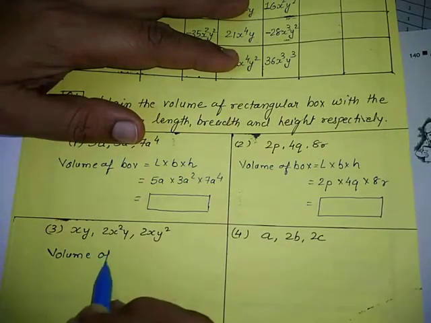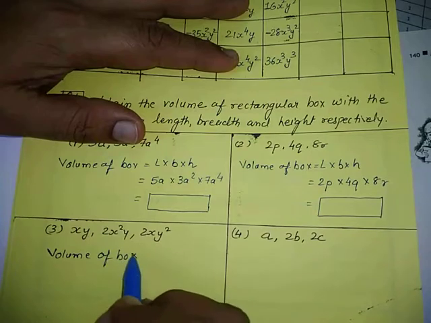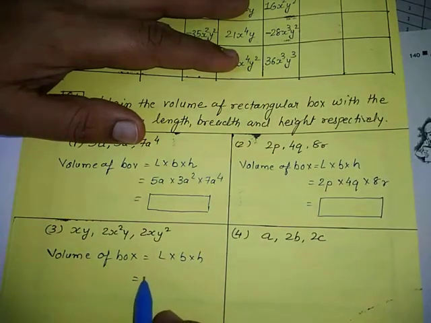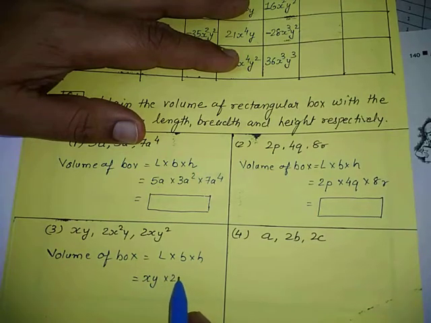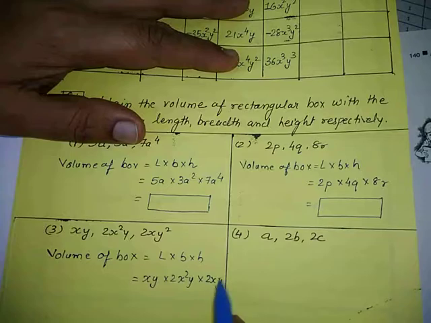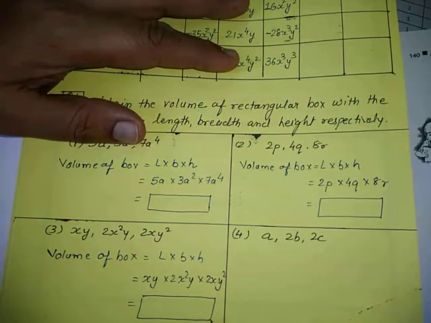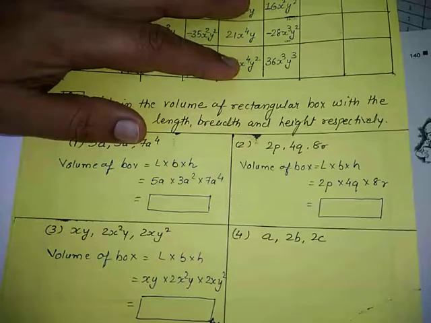Again, volume of box L into B into H is equal to xy multiplied by 2x square y multiplied by 2xy square. So combination of all this, you will get the answer.